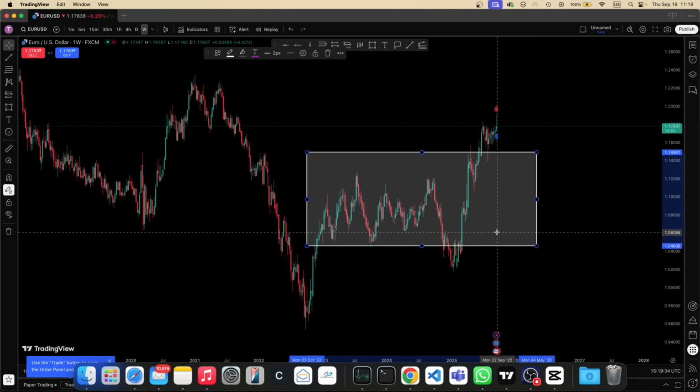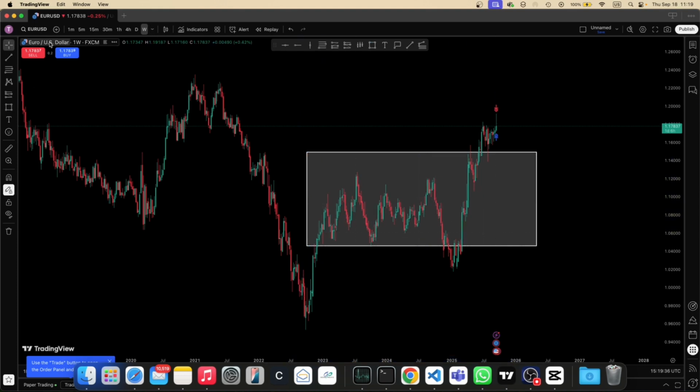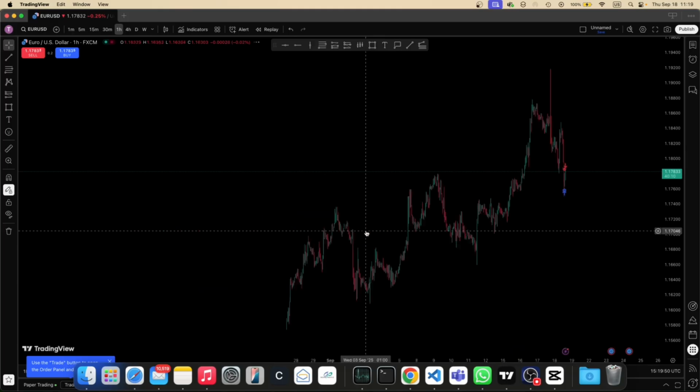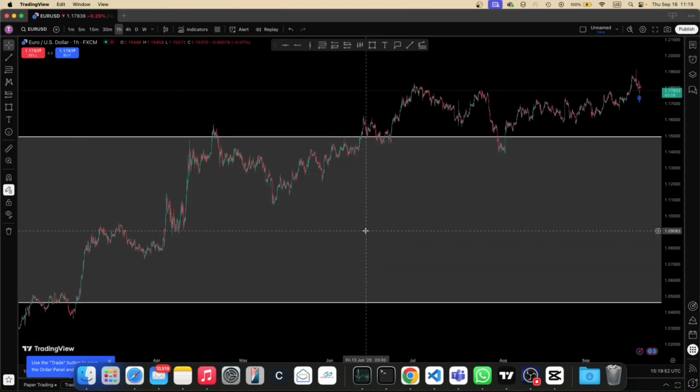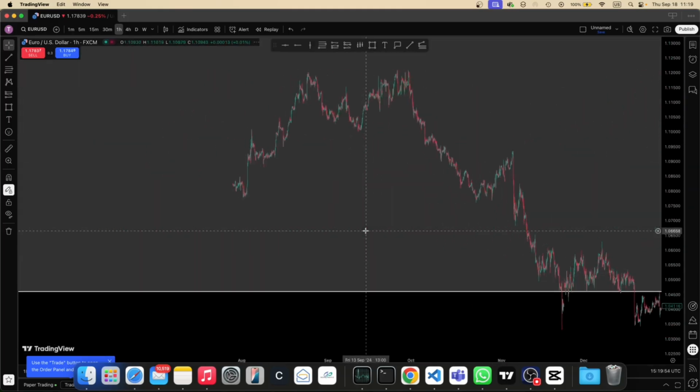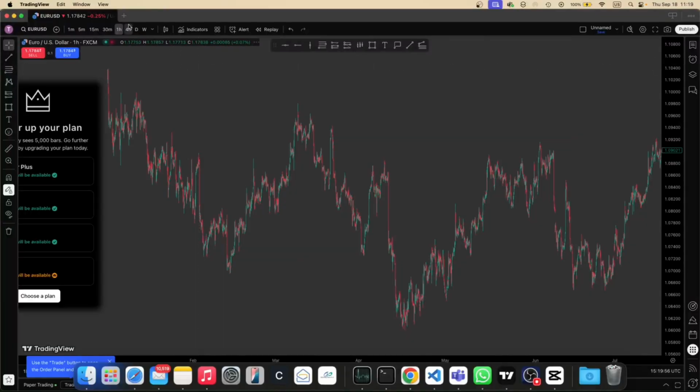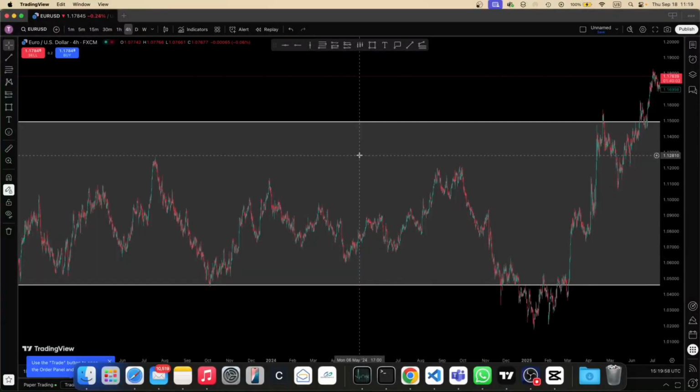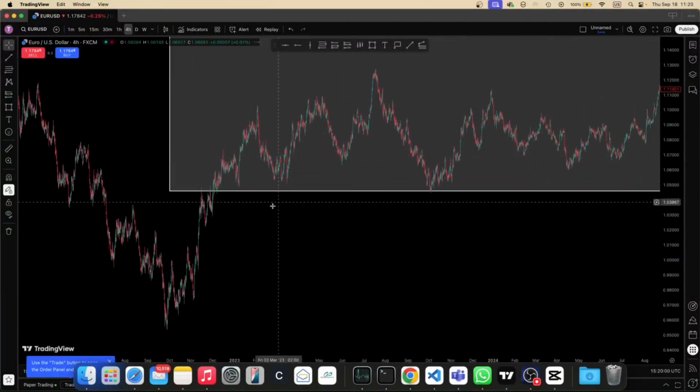Now this is a weekly chart, so it takes a long time to establish this. This is from January 2023 and it all ended in March 2025, so this is a long time. First we look at those levels and what's happening. Okay, 4 hours is great.